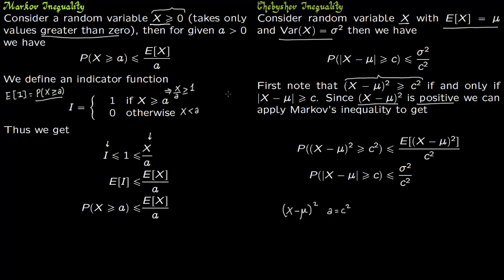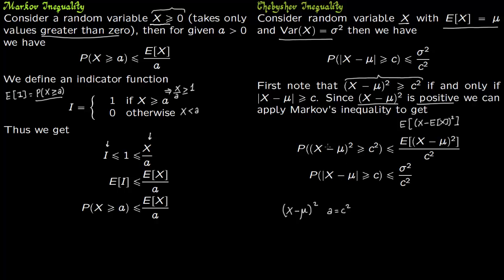This is less than or equal to the expectation of the random variable, that is, x minus mu square. Now this is just the variance, because you know the variance is the expectation of x minus expectation of x, squared. So instead of expectation of x, we have mu.